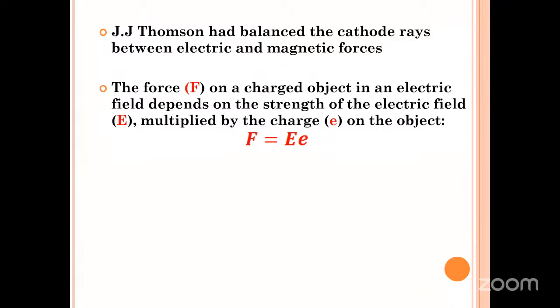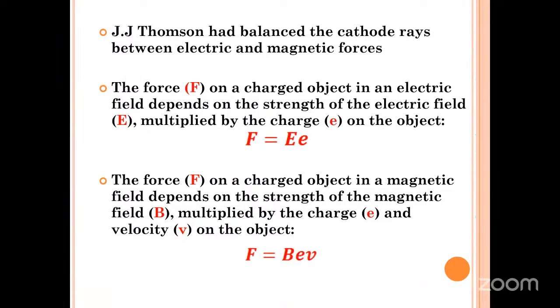In some texts, this small letter e is written as Q. We'll talk about that later. So we have F equals E multiplied by charge. The charge is either written as e or Q, but there is actually a difference between e and Q. e is just one charge. Q can mean number of charges. So now, that's in an electric field.